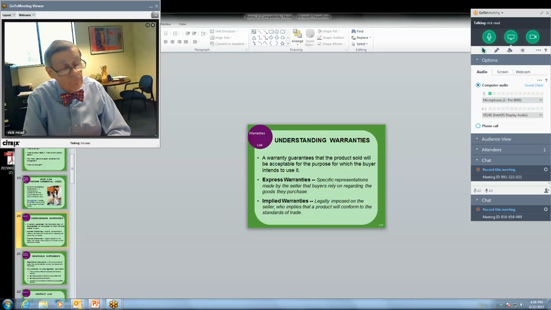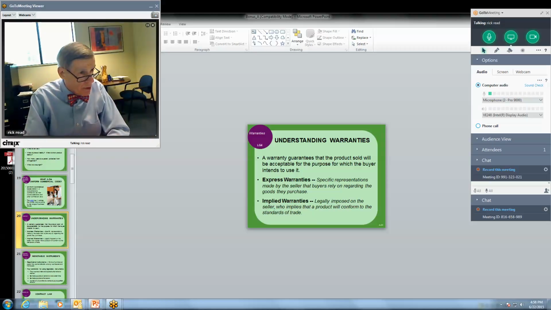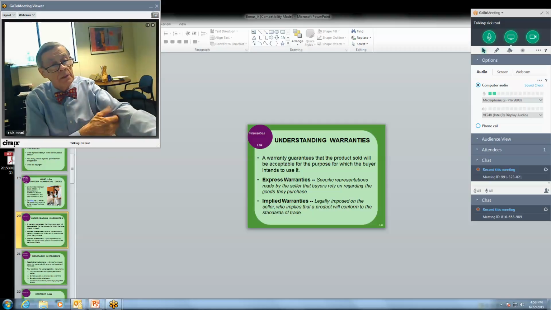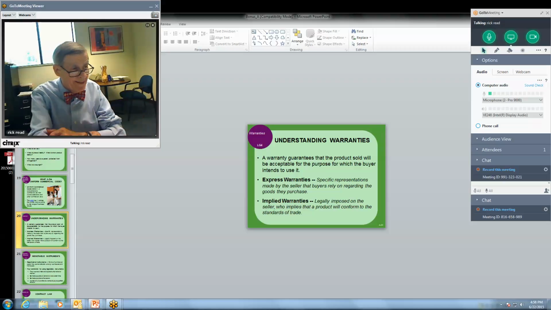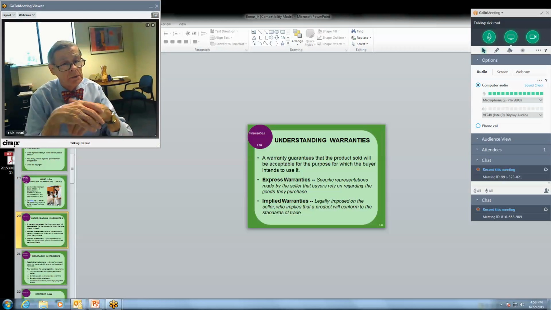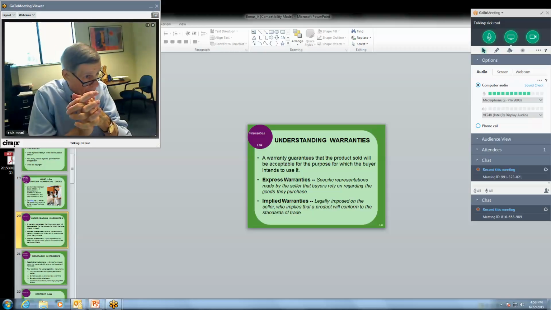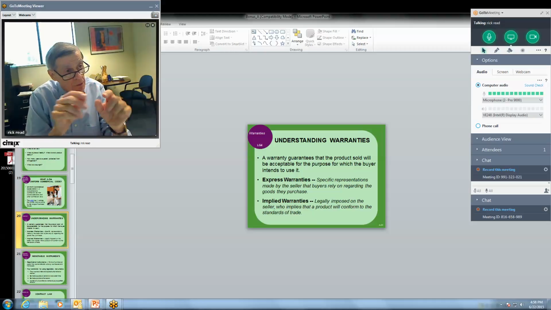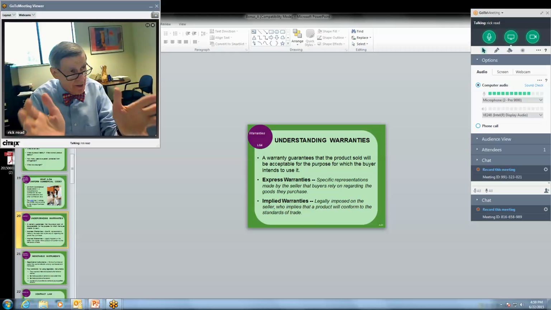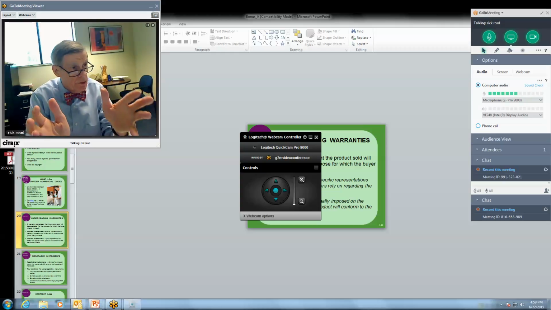Uniform Commercial Code. Two kinds of warranties, an express warranty and an implied warranty. Implied is imposed on the seller because he or she implies, if you will, that the product will perform in this fashion. And it will adhere to the standards set by that particular trade association.